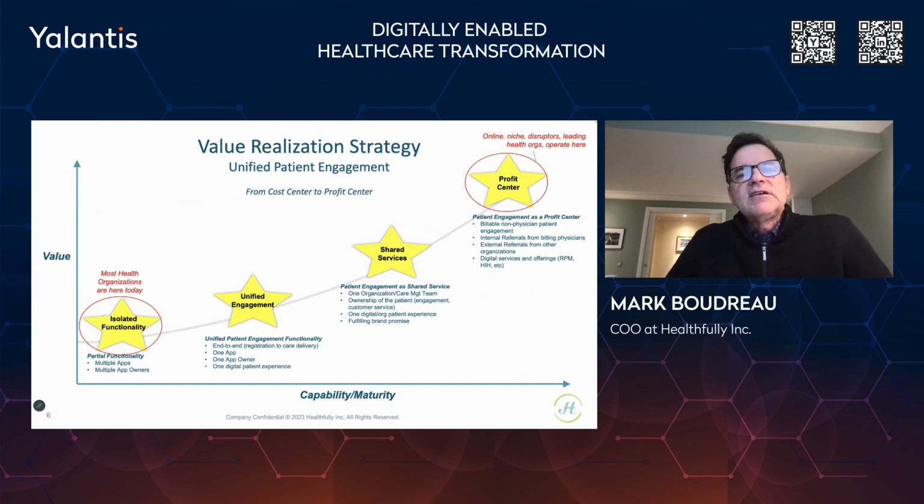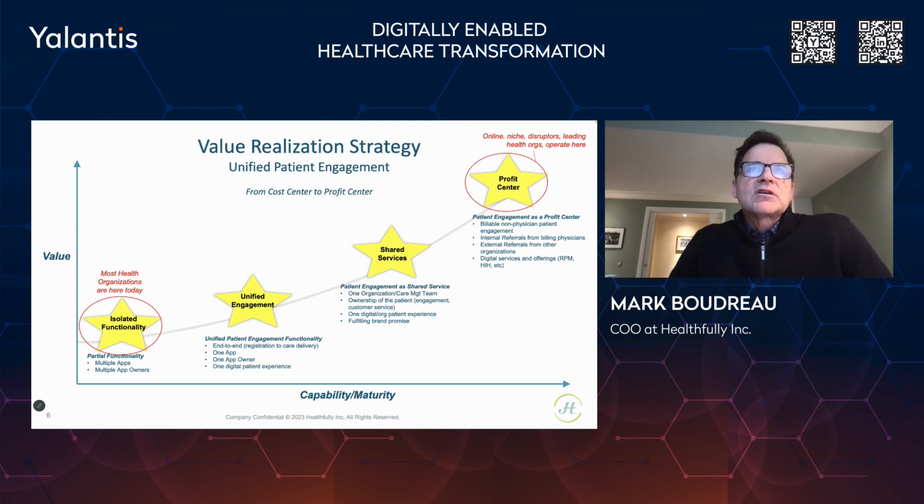So I'll deliver, let's say, my RPM program through one shared service, and I'll offer it for all of my billing providers that are in the primary care clinics, for example. And you can see where you can get some huge savings and some real consistency of services and brand offering for the health system.